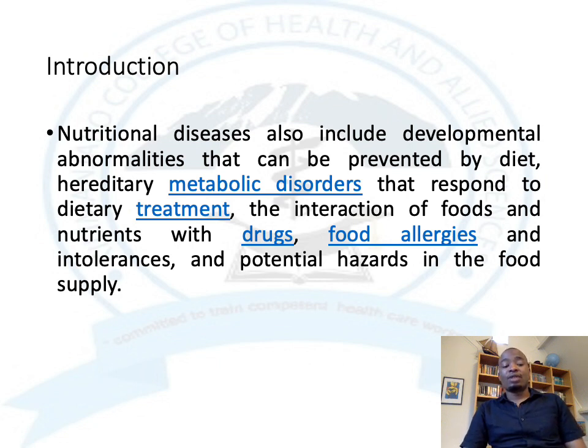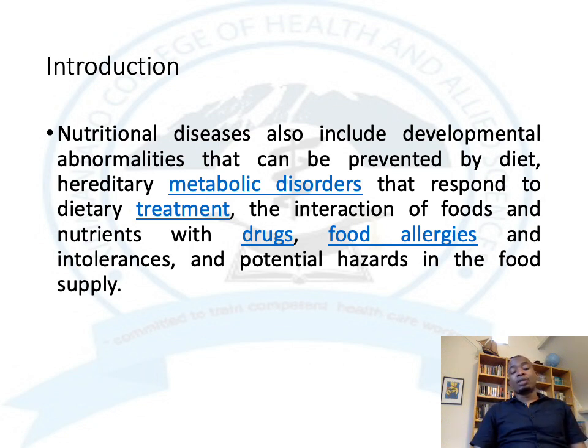The interaction of food and nutrients with drugs, food allergies, and other intolerances may also be included, because some people are sick because they are eating foods which they cannot tolerate. Therefore, they get diarrhea and lose weight. A potential hazard in the food supply may also be a cause of disease.